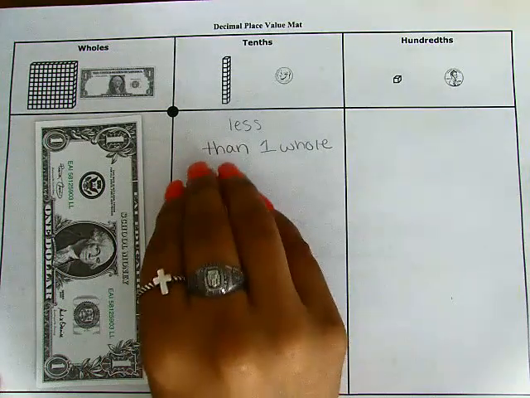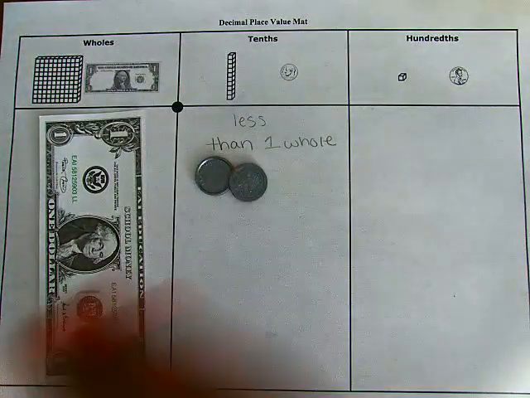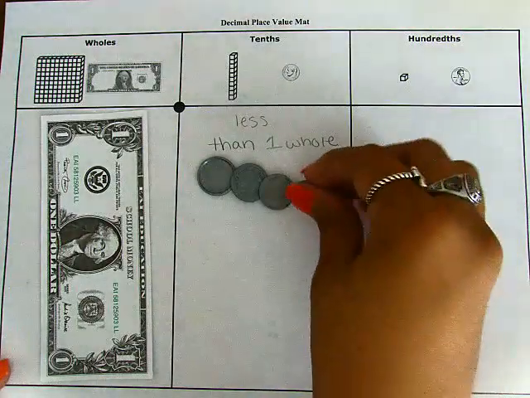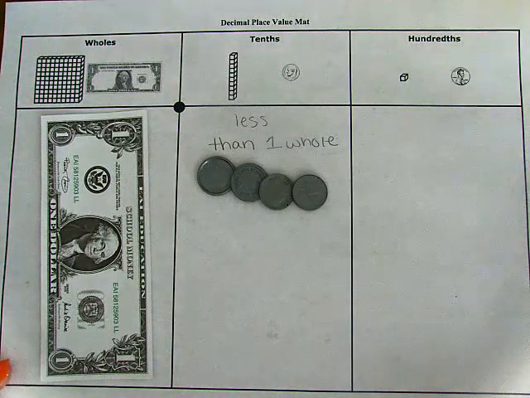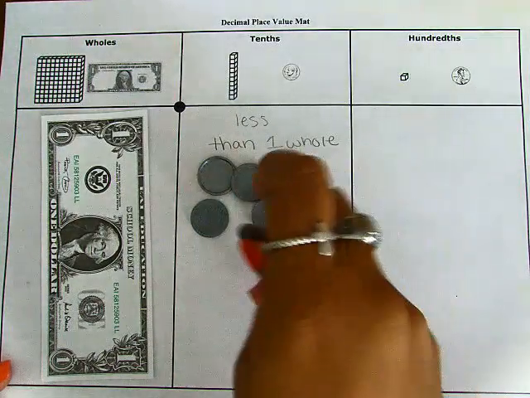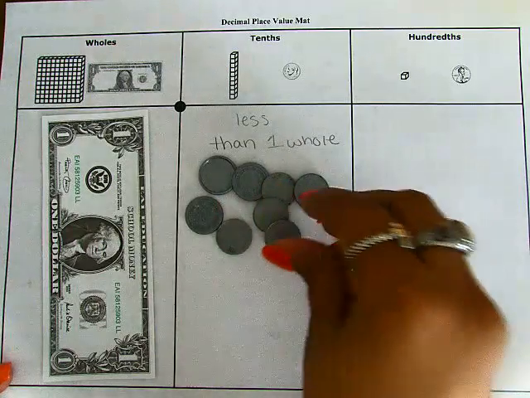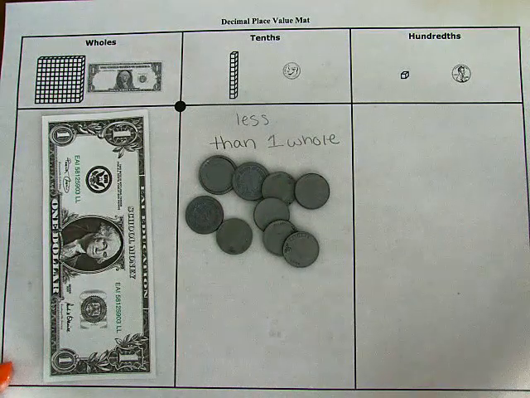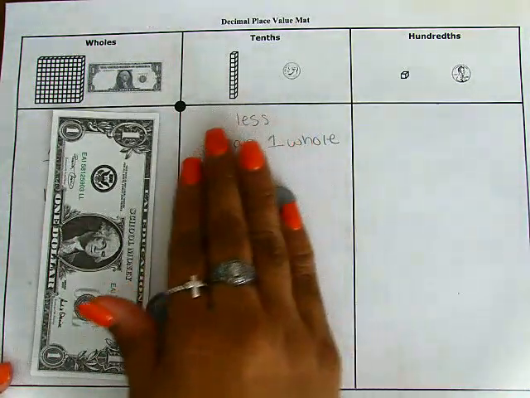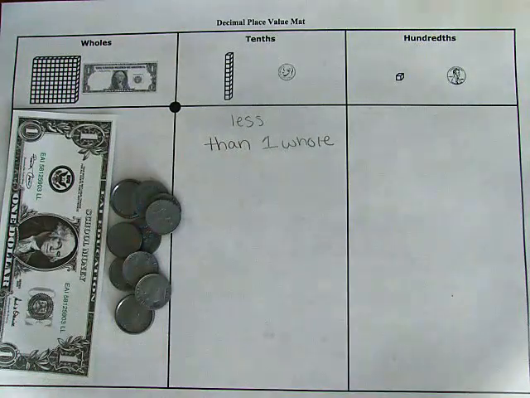So I'm going to go 1, 2, 3, 4, 5, 6, 7, 8, 9, 10. These 10 dimes are equal to one whole.